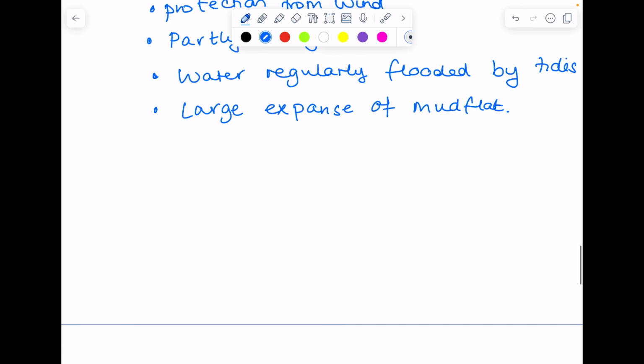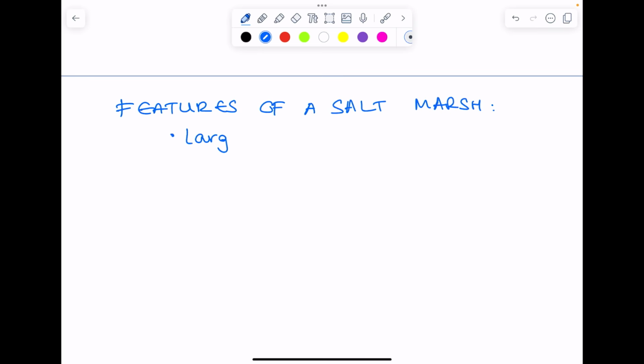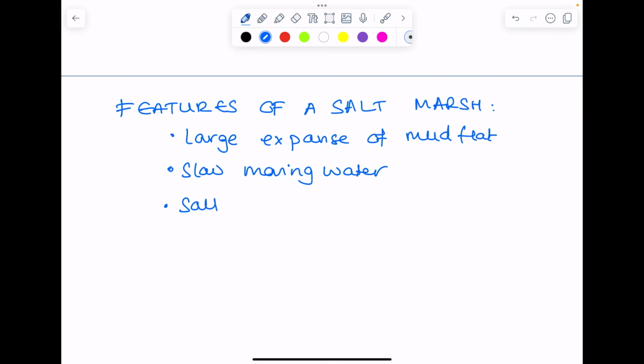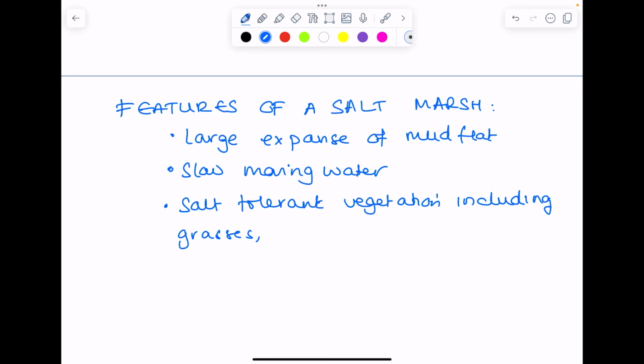So to really point out the features of a salt marsh, quite repetitive, but you need that large expanse of mudflat, slow moving water, salt tolerant vegetation, plants, which may include grasses, reeds and rushes.